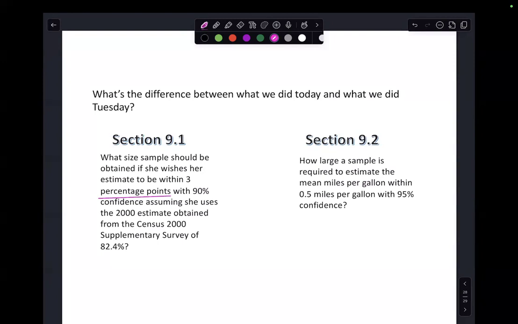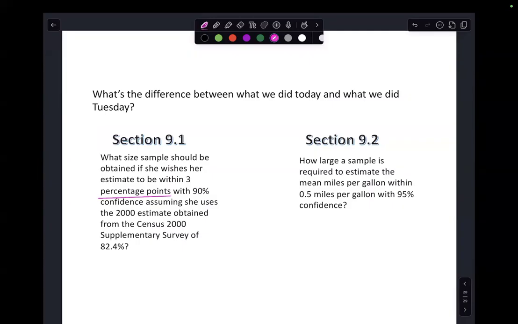It's going to have something to do with percent when you're looking for the sample size. It may or may not talk about a previous survey, because if there's no previous survey, we just use 0.5. But if it does, then that's definitely a trigger that you're going to use that.